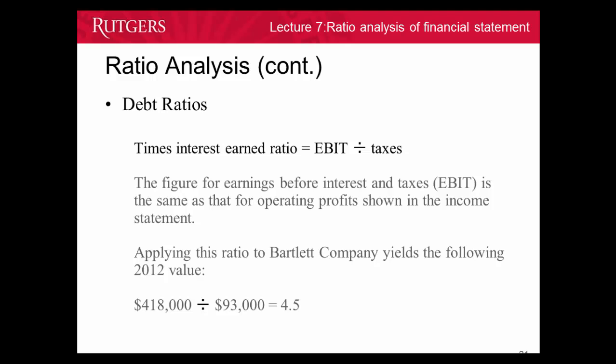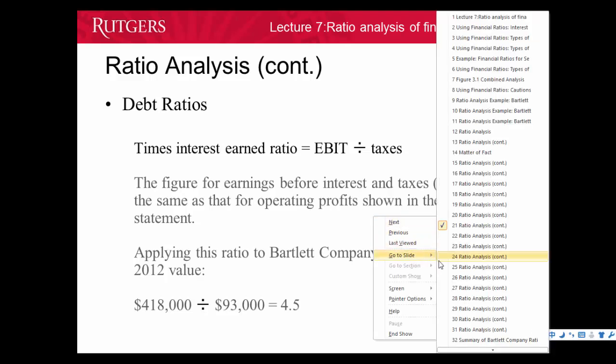Another debt ratio is the times interest earned ratio. It is a metric used to measure a company's ability to meet its debt obligations. It's calculated as earnings before interest and taxes divided by taxes paid. Note that the figure for earnings before interest and taxes is the same as that for operating profits showing in the income statement.